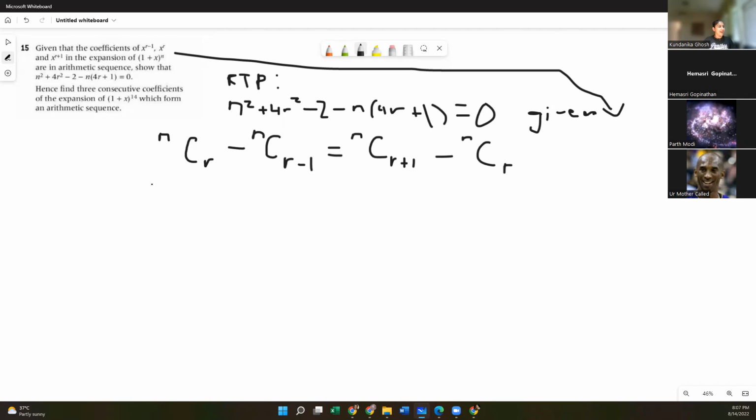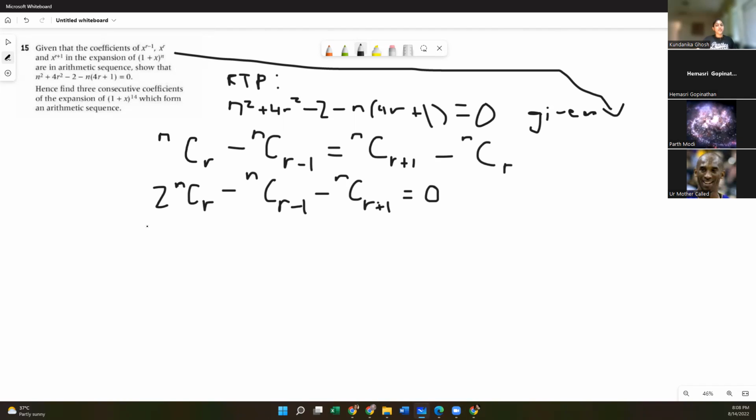So I have 2 n choose r minus n choose r minus 1 minus n choose r plus 1. Do we get how we got that? Okay.